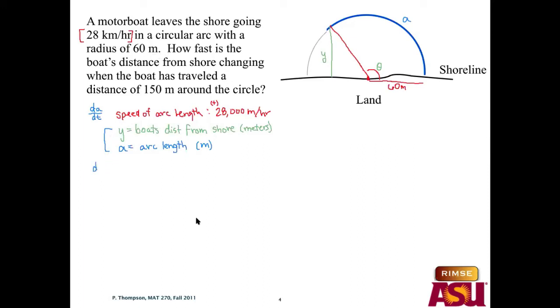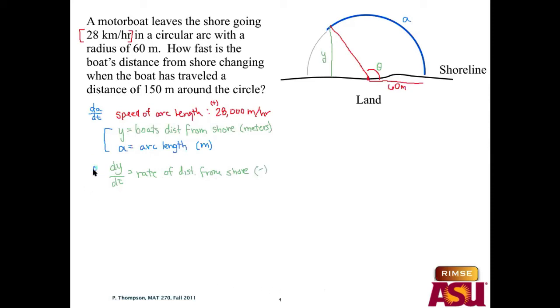The distance from shore, let me change back to my appropriate color. dy dt is the rate at which the boat's approaching shore, or the rate of the distance from shore, the rate at which that's changing. And y at this point would be shrinking, right? So I'd expect this to be negative.